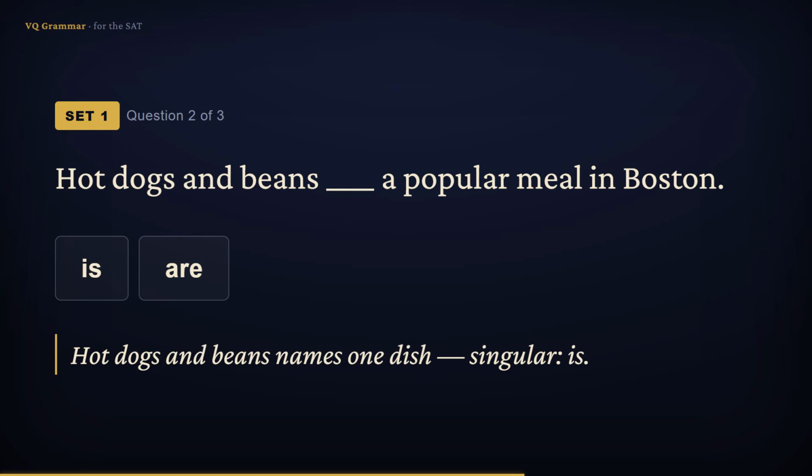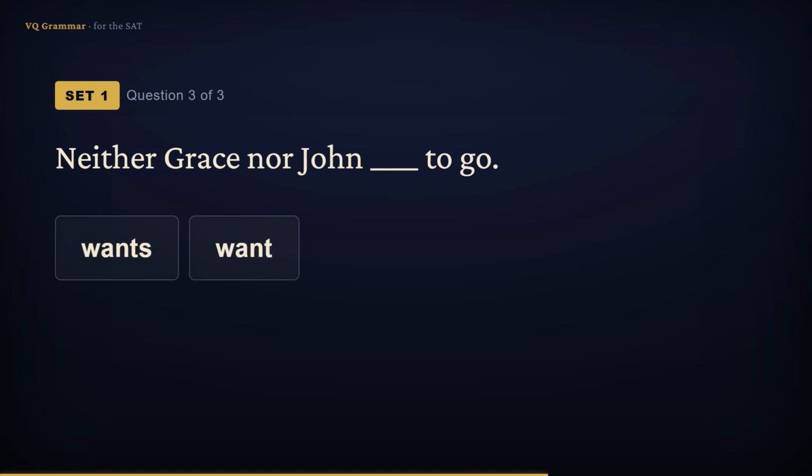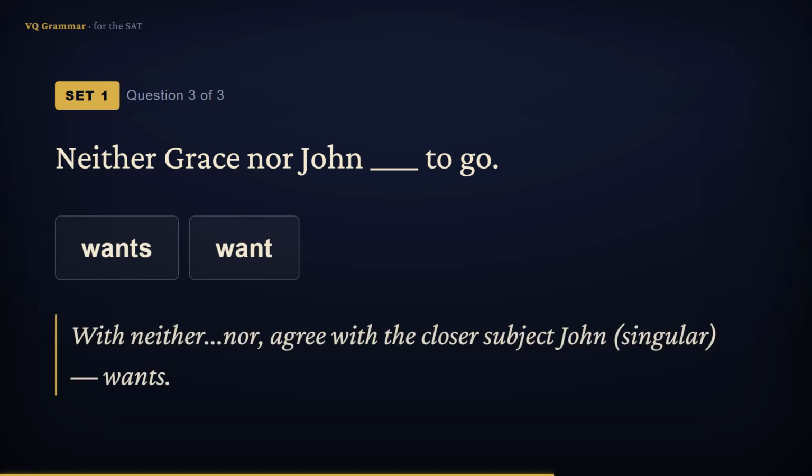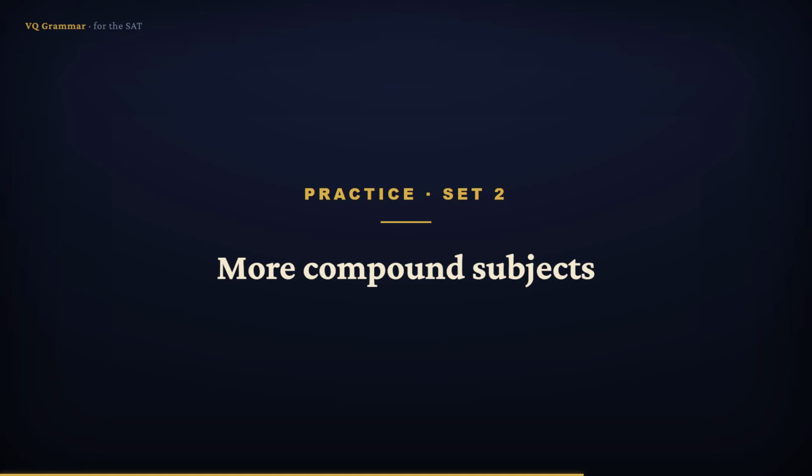Hot dogs and beans names one dish, so it's singular, is. Neither Grace nor John blank to go. With neither nor, agree with the closer subject, John, singular, so wants.